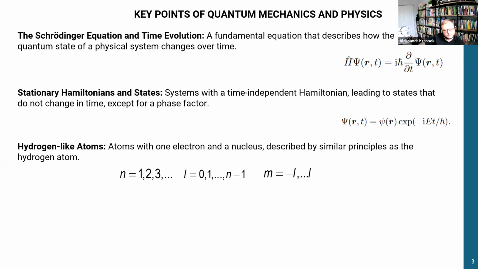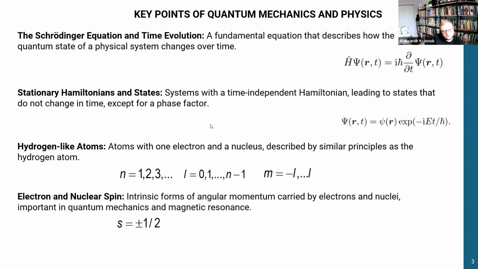This number describes the magnitude of the momentum, basically the way these electrons move around, spin, or orbit around the nuclei. And M corresponds to the orientation of this momentum in space, in simple words.